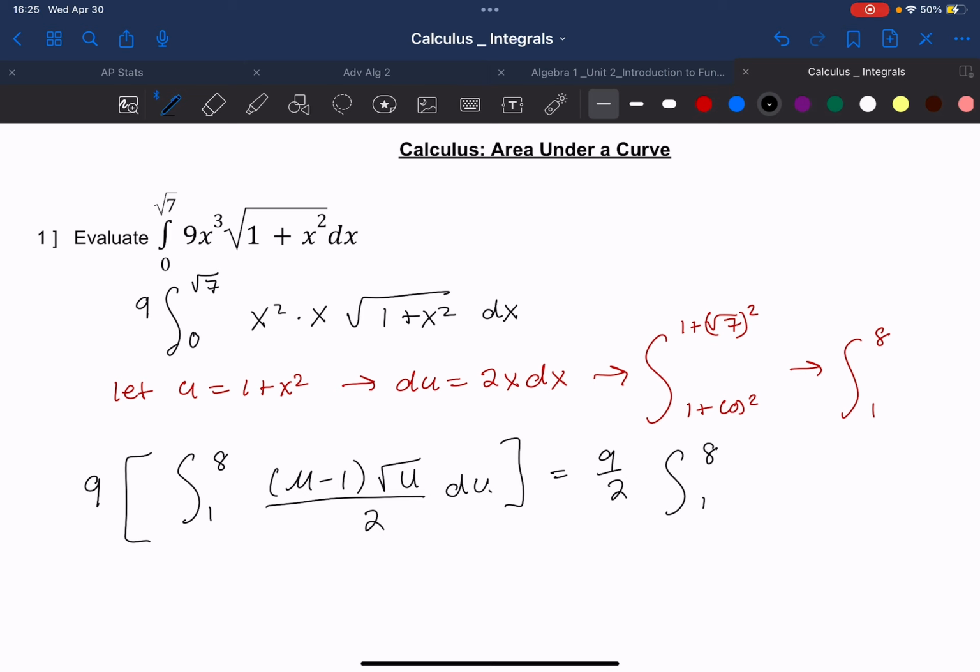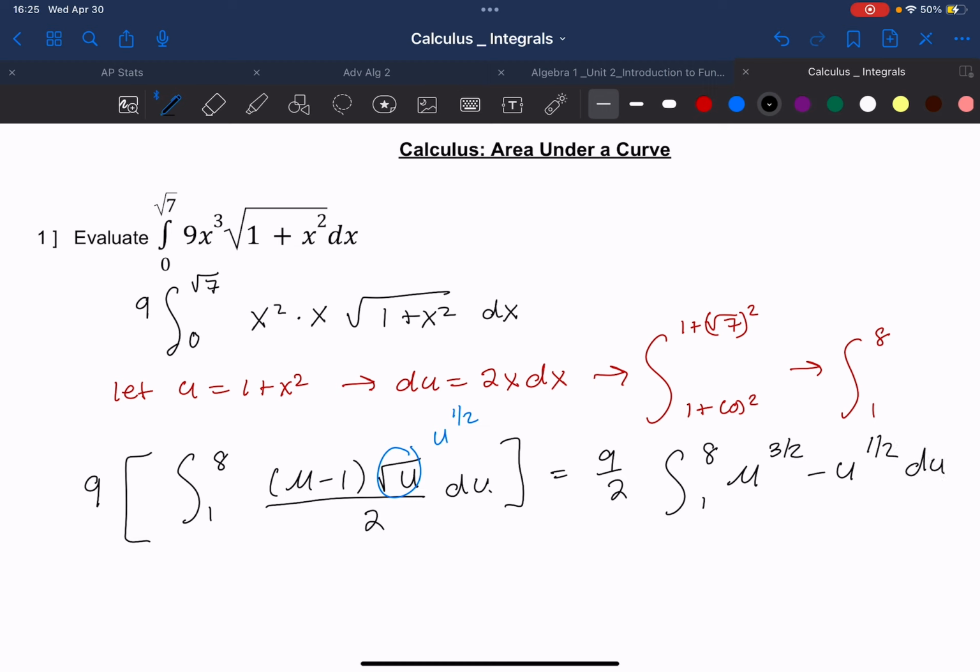And instead of leaving this as u minus 1 times the square root of u, I know that the square root of u can be written as u to the 1/2 power. So I'm just going to distribute that into the u minus 1. Which means I'm given u to the 3/2 power minus u to the 1/2 power du.